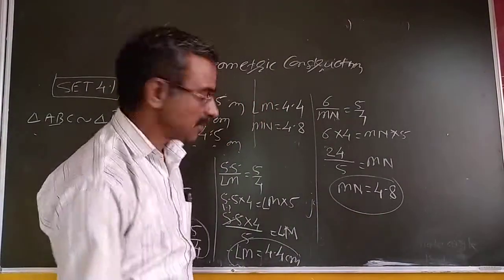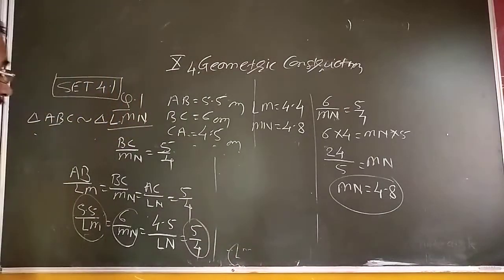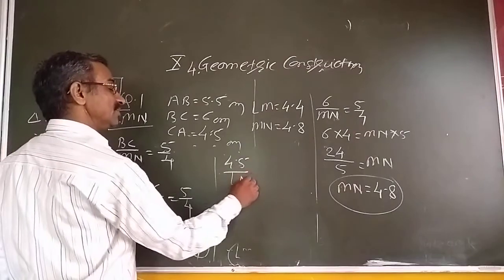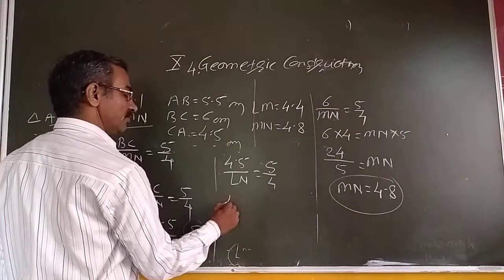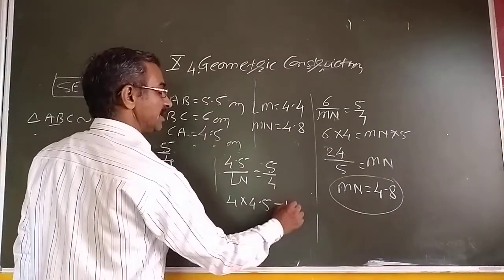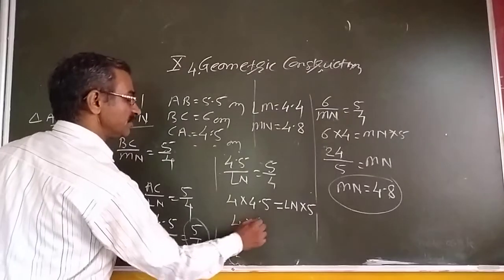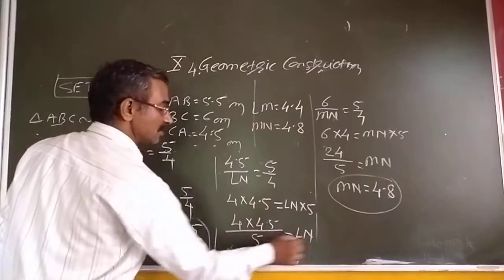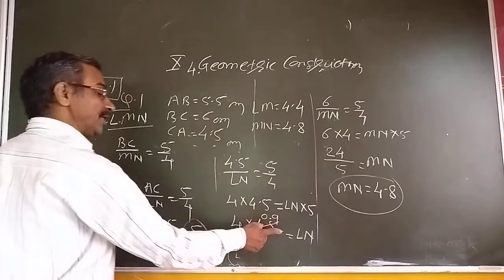Then we want to find out LN. LN means 4.5 upon LN is equal to 5 upon 4. By taking cross multiplication, 4 into 4.5 is equal to LN into 5. So this 5 gets divided, means 4 into 4.5 divided by 5 is equal to LN. 5 nines are 45, but here is the decimal point, so it is 0.9.